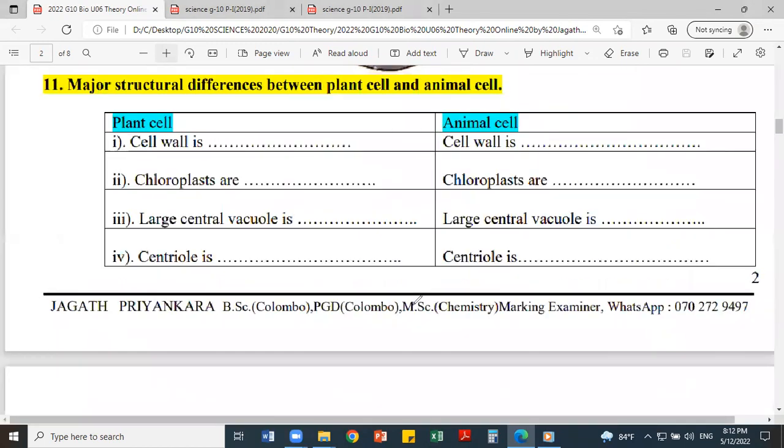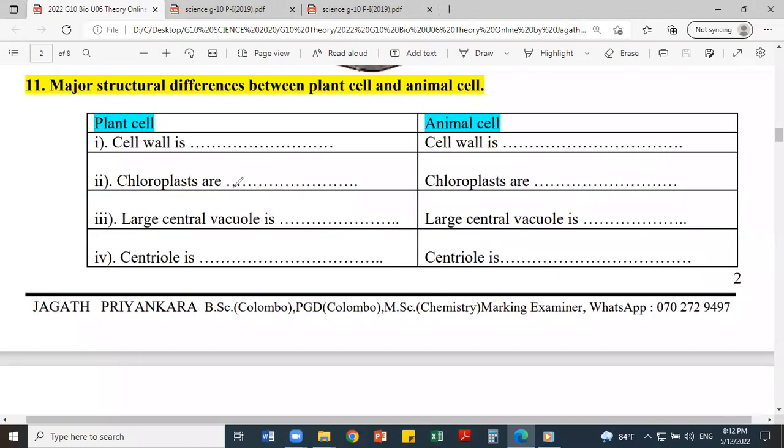I can see cell wall: in the plant cell, the cell wall is present. I'll put a tick here. In the animal cell, the cell wall is absent. Chloroplast: in the plant cell, chloroplast present; in the animal cell, chloroplast absent.